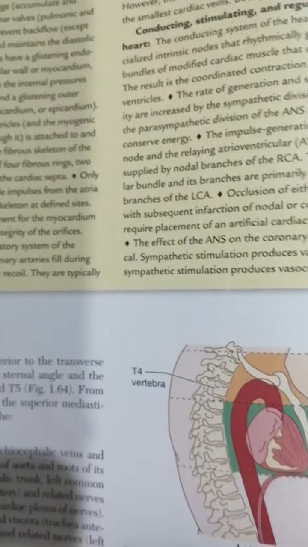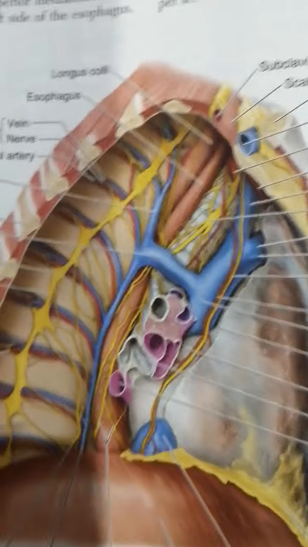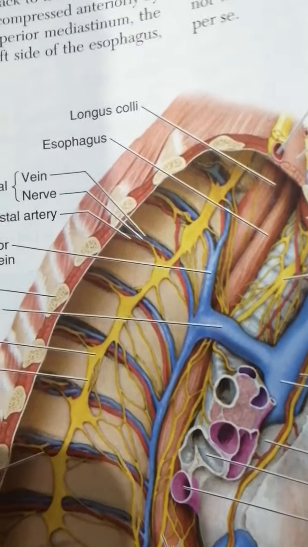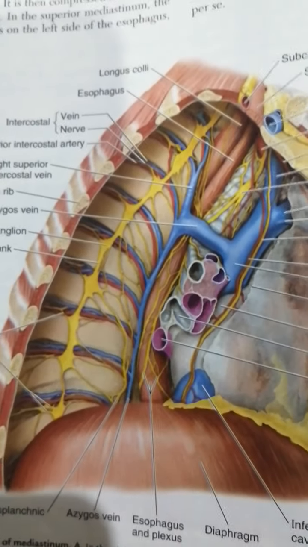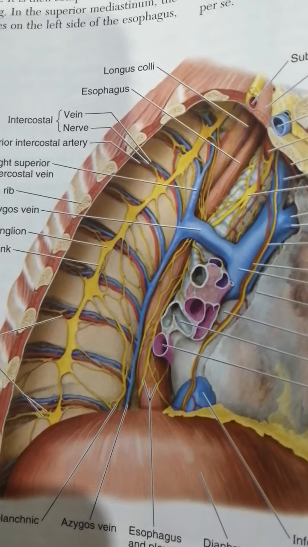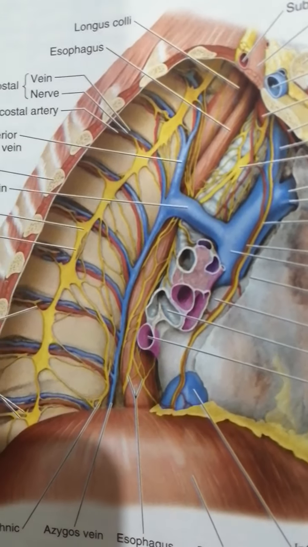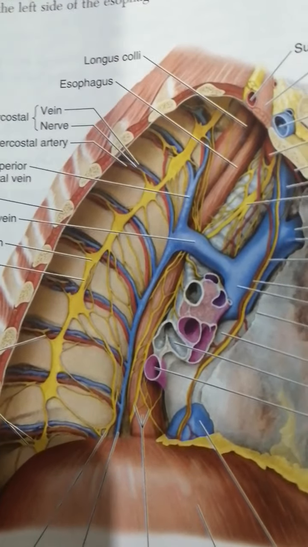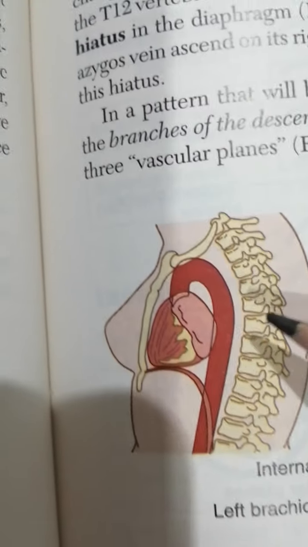Now today I am going to tell you about the posterior mediastinum. This is another diagram, showing the posterior part of the inferior mediastinum, a different view. It is located inferior to the transverse thoracic plane and anterior to the T5 to T12 vertebrae, as I told you earlier. In this diagram too you can see the posterior mediastinum.